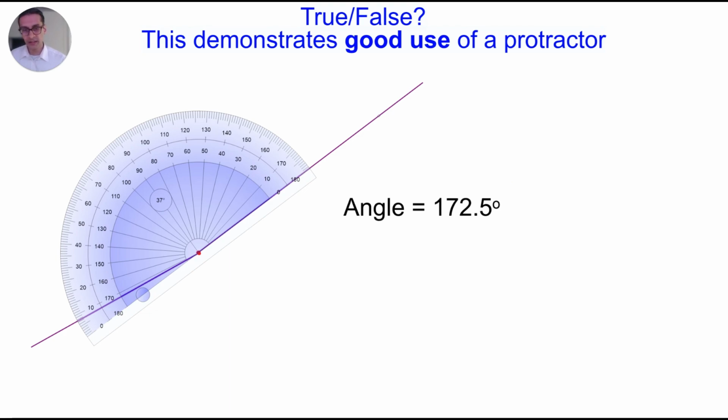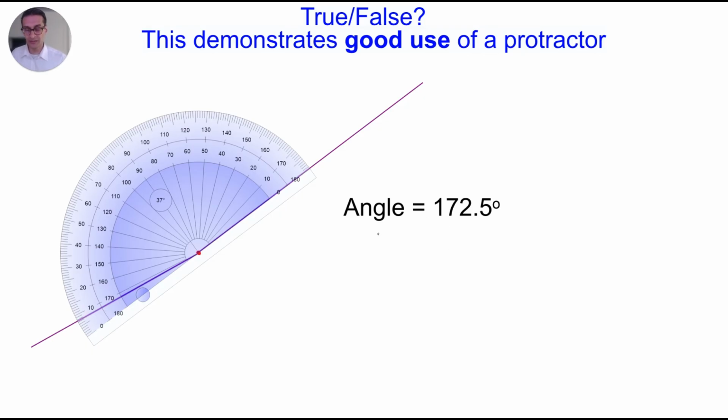This example here, is that accurate? Pause the video. Now, if you look very carefully, I'm not sure if you're able to see this on the video itself, but actually that's a pretty accurate measure, 172.5. You are allowed to have decimal angles. You just very, very rarely come across them.